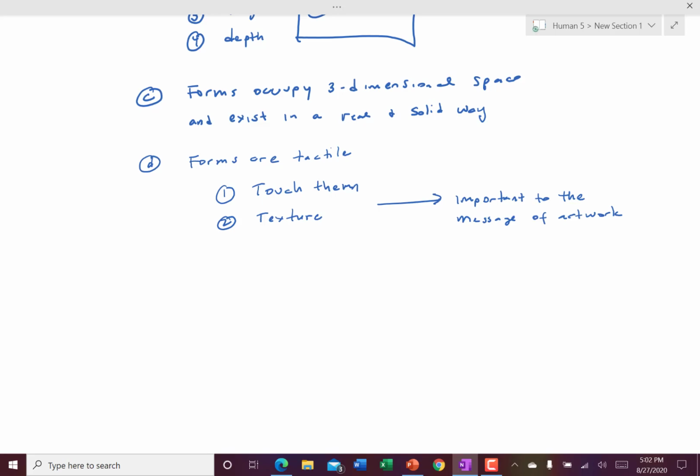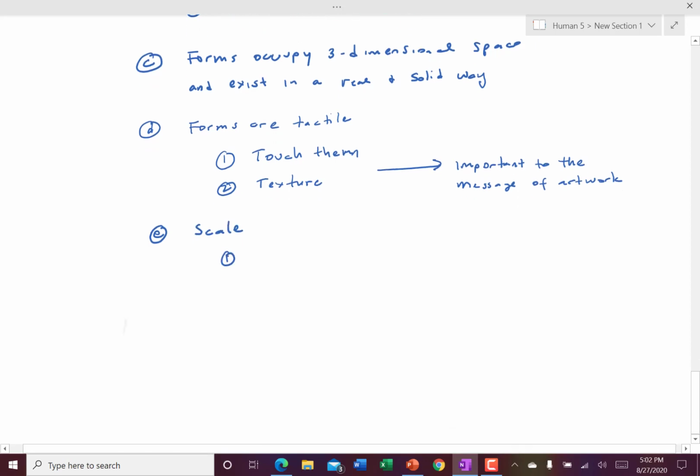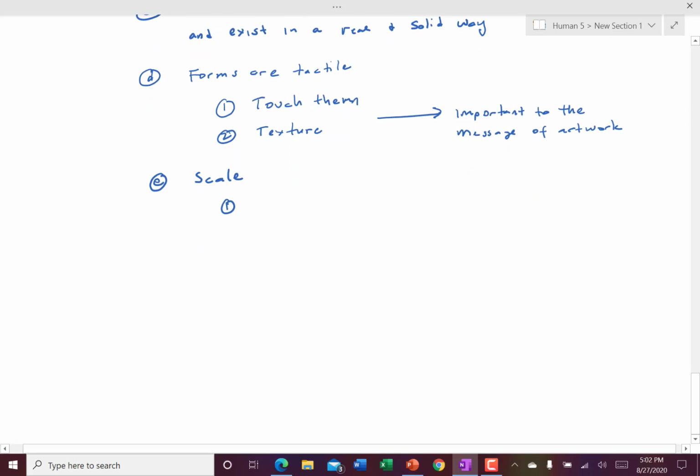You also very much want to pay attention to scale, because most of the time the artists have chosen their texture, their medium, whether it's marble, fur, metal, whatever, very carefully, and it's used to make a point. Also, they have chosen how big or small they want it to be.